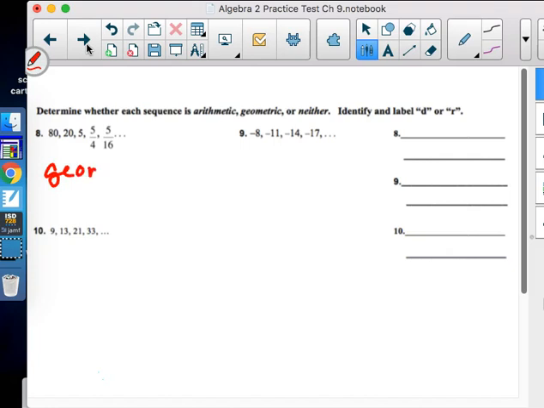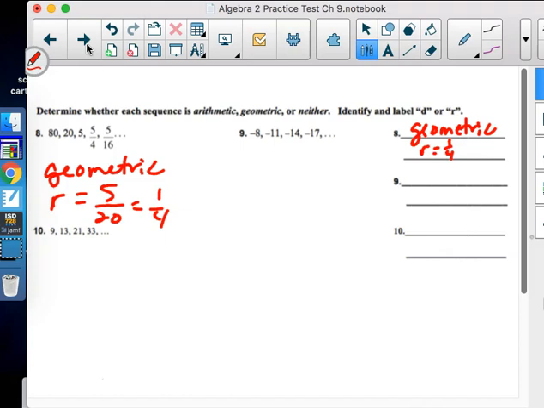Well, that means we need to know what r is. How you find r is you just take any number and divide it by the number before it. So if we take 5 and divide it by 20, because those are nice numbers to work with, there it is, 1/4. Geometric.